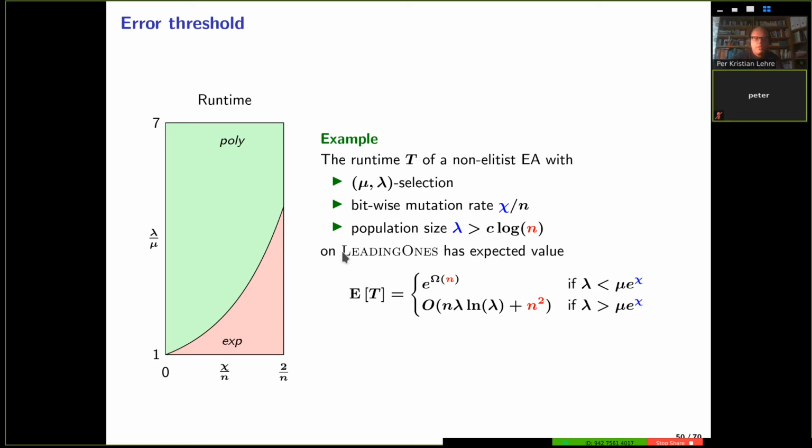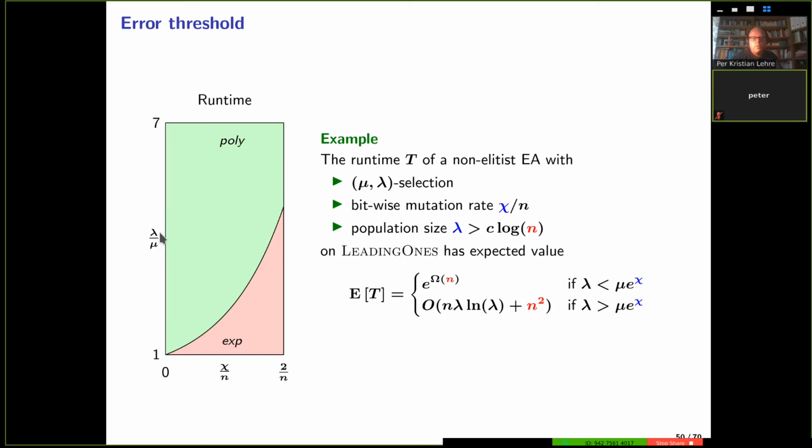For example, we have already looked at the LeadingOnes problem. Here is an upper bound that we can compute using the Level-Based Theorem, and here is a lower bound that we can compute using the negative drift theorem. Here we see some kind of phase transition. We have selective pressure on the y-axis, the ratio lambda over mu.